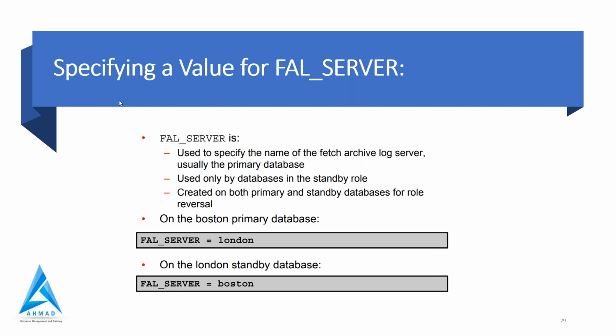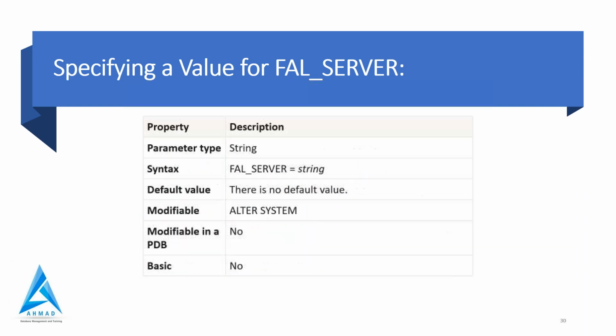On the production side you will define file server London, and on the London standby database you will define file server equals Boston. What does it mean? Suppose on standby you have a gap, so from where will it fetch the archive? From Boston it will fetch the archive. And description, there is no default value, by alter system you can modify, PDB modifiable no.